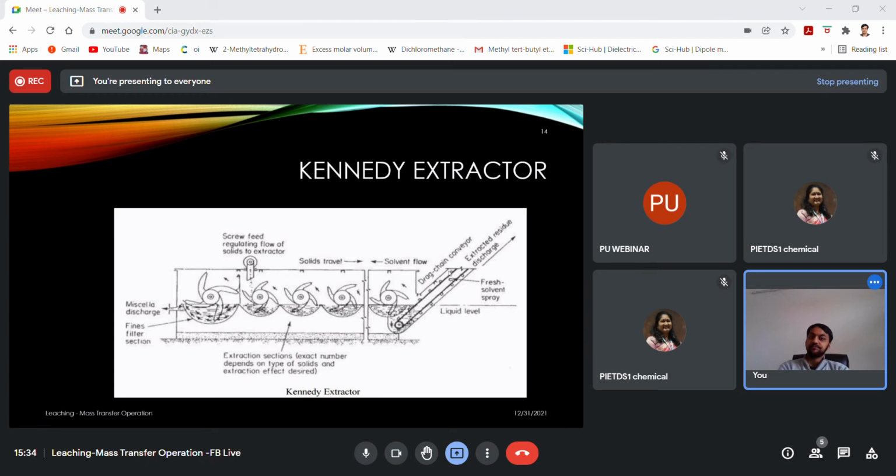So this is the extraction performed with the Kennedy extractor.